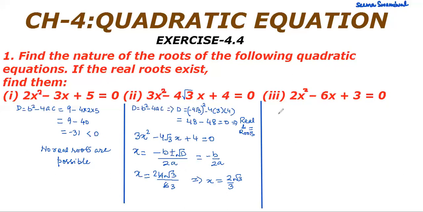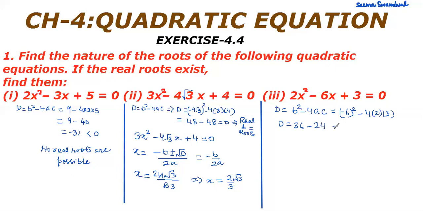Now let's do this. Again, we will find out d. D is b square minus 4ac. Let's see what value of d we are getting here. So this is minus 6 whole square minus 4 into 2 into 3. So the value of d is 36 minus 24.